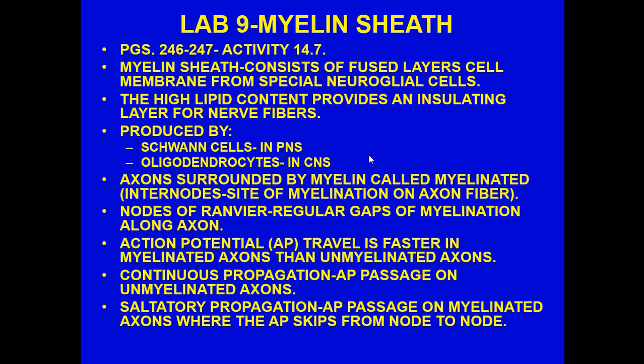They're regular gaps of myelination along the axon, and this is so we can have the action potential, which henceforth I will periodically abbreviate as AP. So the APs travel faster in myelinated axons than unmyelinated. That's why when you have something like multiple sclerosis and you start destroying myelination, the capability to carry speedy information from one neuron to the next is basically reduced.